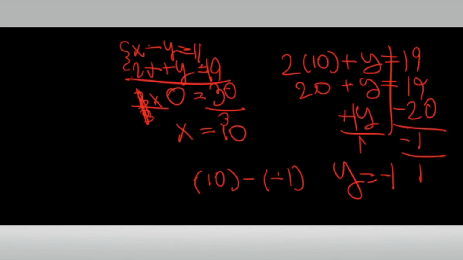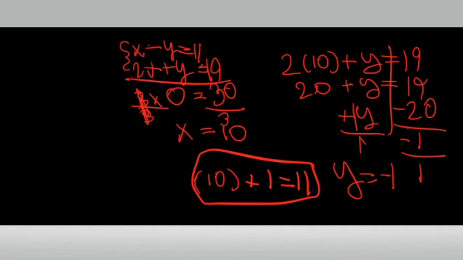Instead of it being negative 1 and you would just do 10 minus 1, it's actually going to be a positive 1. So then it's actually just going to be 10 plus 1, which does equal 11. So that's checking our work. And when you do that to the other one too, which I already know is going to be right. And that's how you solve the system in algebra.